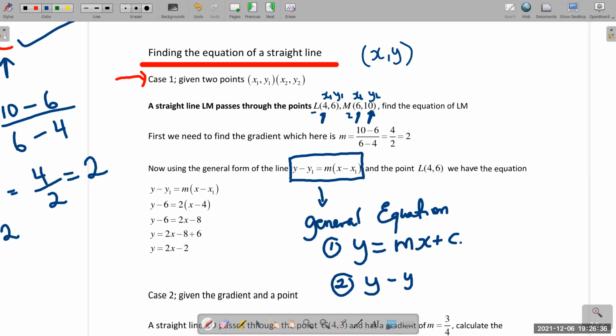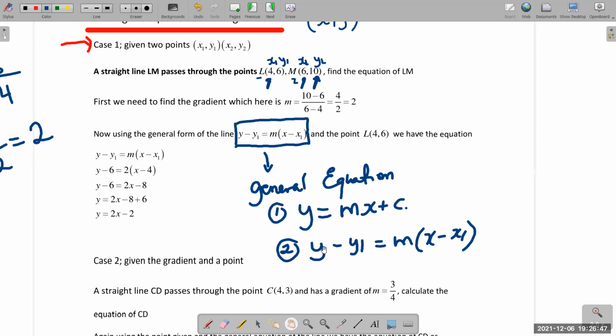Y minus y1 equals m(x minus x1). Everybody understand? Please copy this down just like what I was saying. And this is the general equation of a straight line. Let me know when you're done.